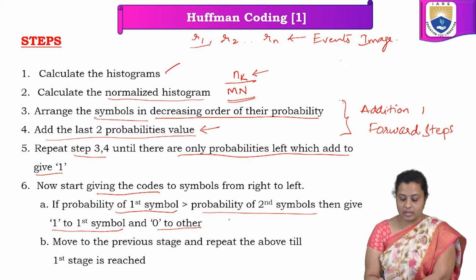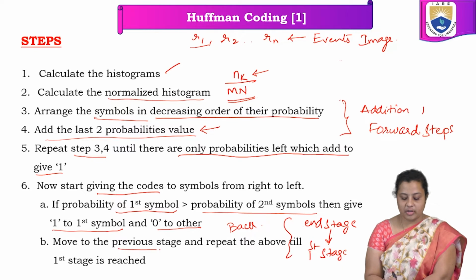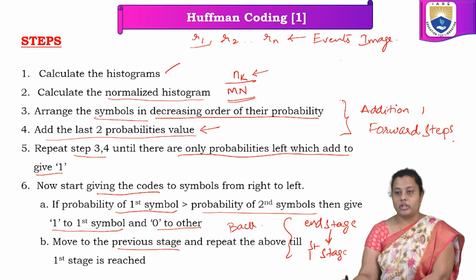Then we go from the end stage towards the first stage. This is called the backward step. We move to the previous stage and repeat the above step till we reach the first stage. So we do the forward steps and then the backward steps.